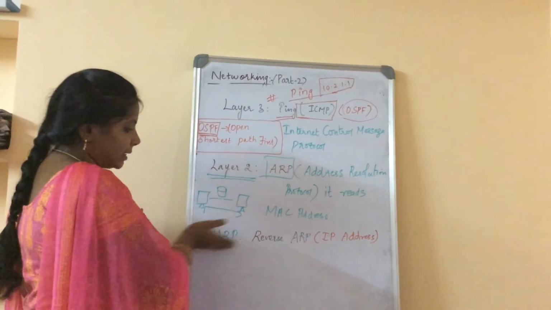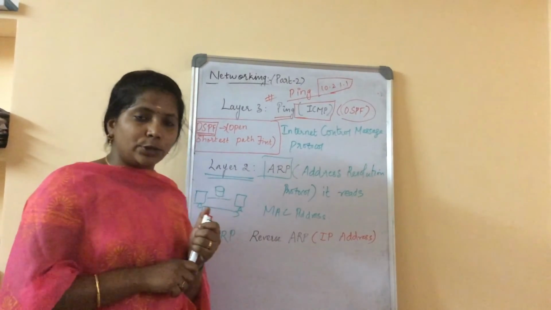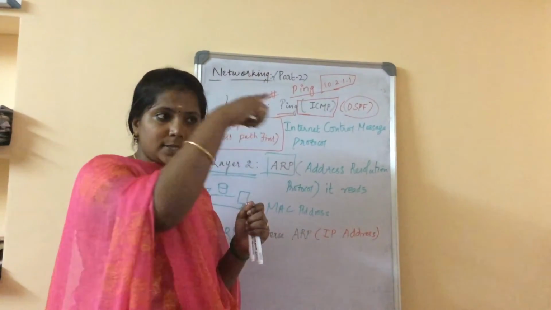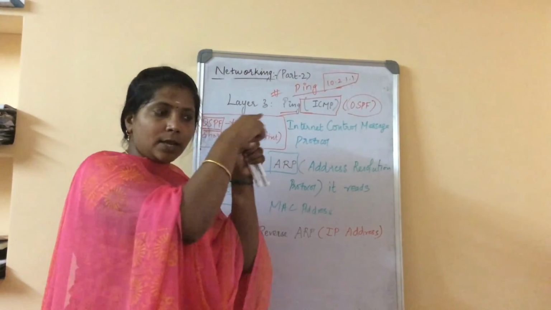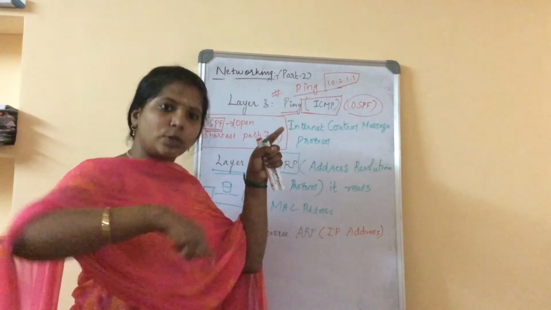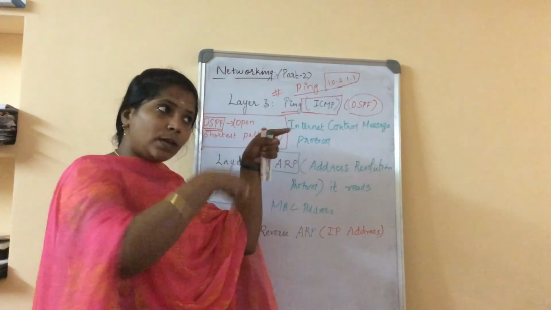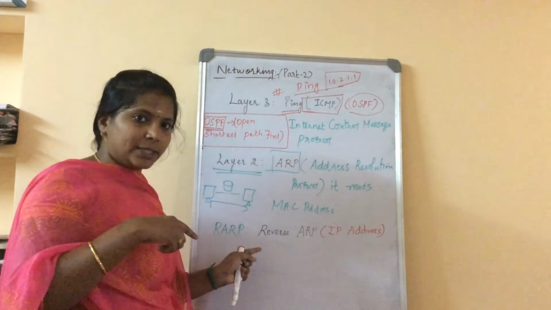Next, what is reverse ARP? I told you in the previous video how the Google request will go from layer 7 to 1 and from layer 1 to layer 7. From layer 7 to 1, it will send the request and the response will go back from layer 1 to 7. So in the second layer, ARP will take place.